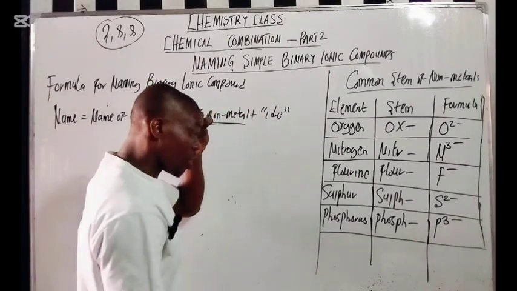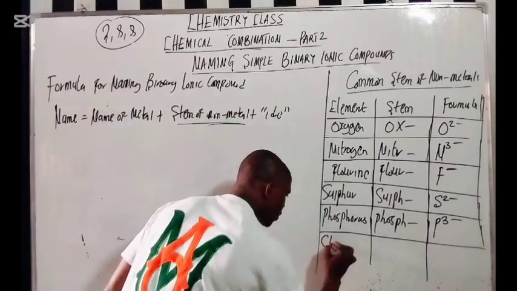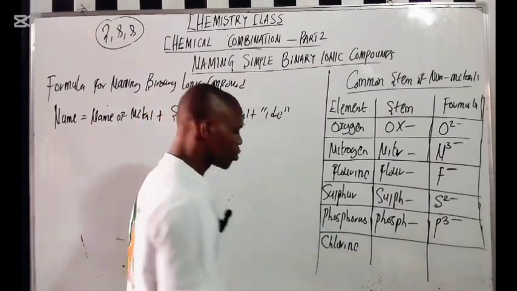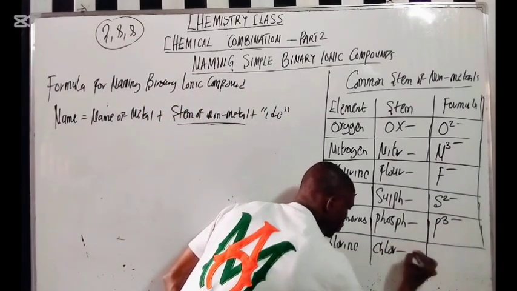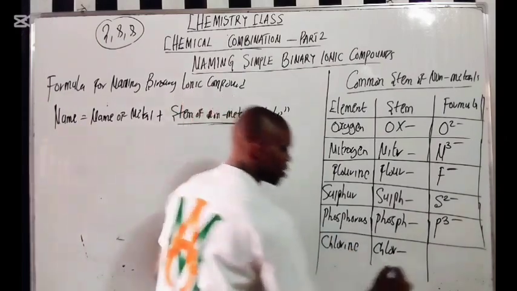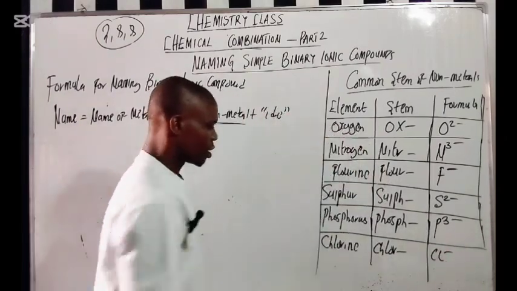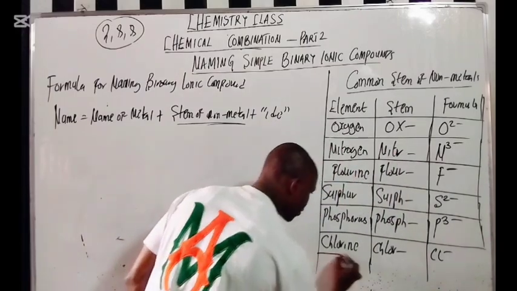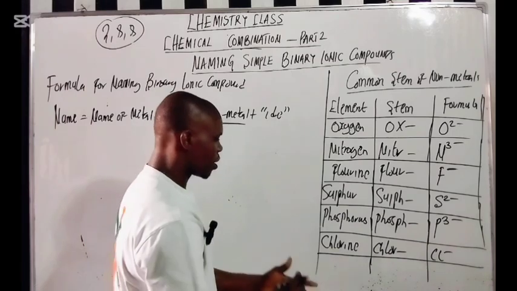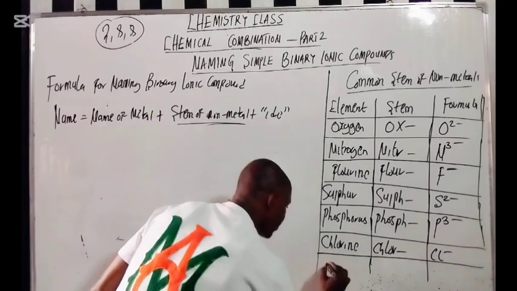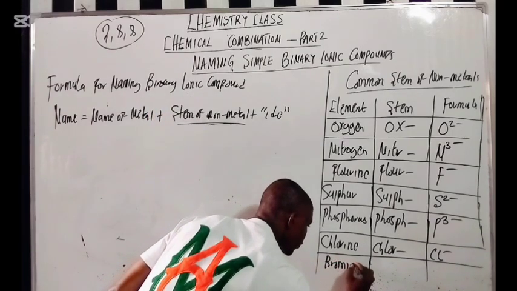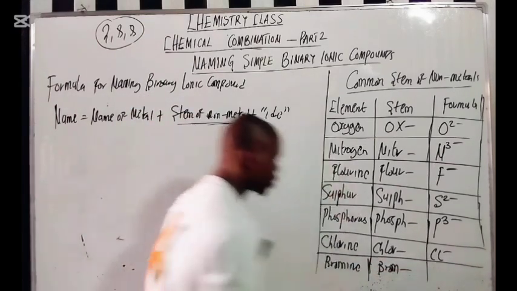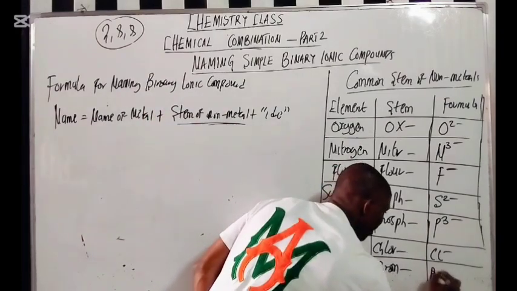Next one I want to see is chlorine, and its stem is called chlor, with the formula Cl minus. Next is bromine, and it's called brom, with the formula Br minus.